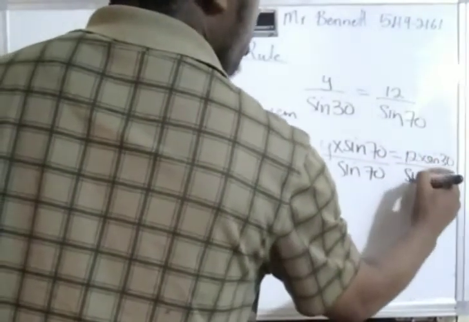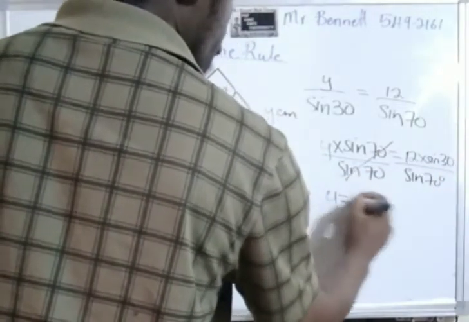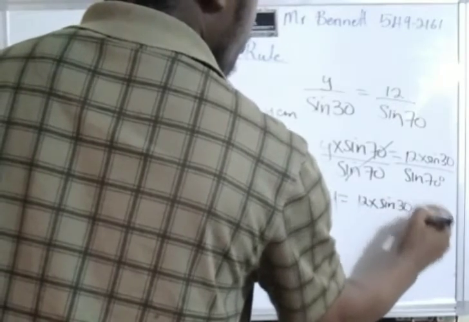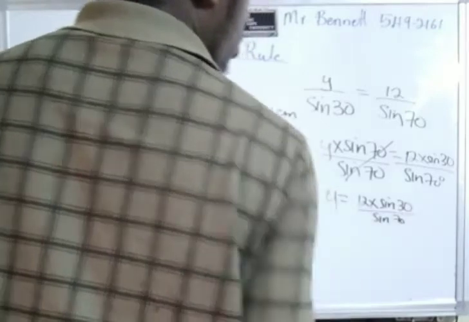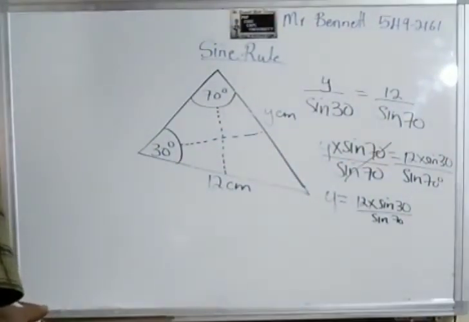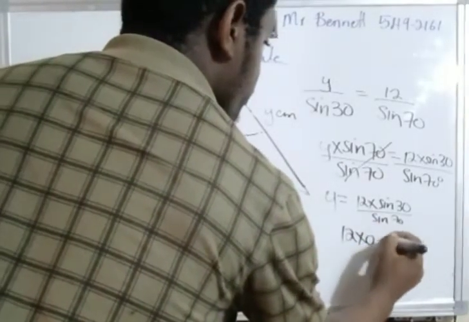What you do to one side, you do to both sides. There you have it. Y is equal to 12 times sine 30 divided by sine 70. Now to just tidy it up, let us look at sine 30. That's supposed to be 0.5. So it will be 12 times 0.5.